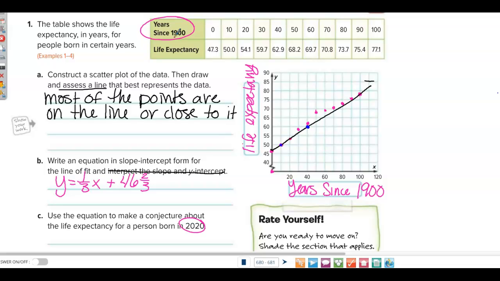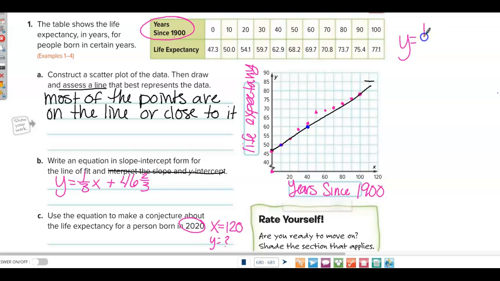So 120 years after 1900 would give me 2020. Therefore, 0 plus 120 is 120. So in other words, I'm figuring out where x equals 120. What does y equal? So I use that equation.